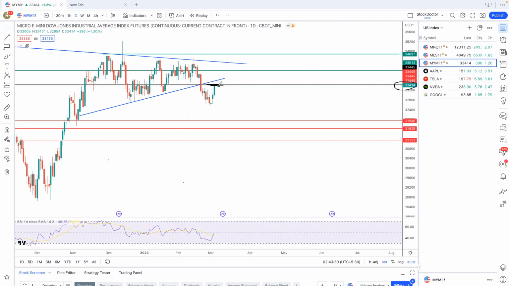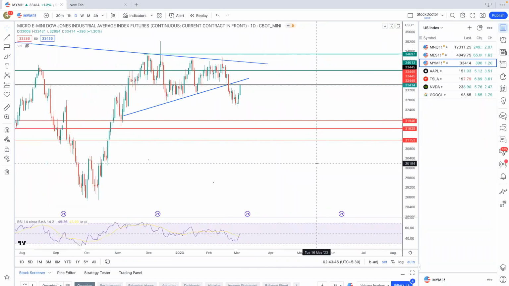If it breaks above 33400, then the first target is 33445. Just a moment, something is on 3400, my bad.